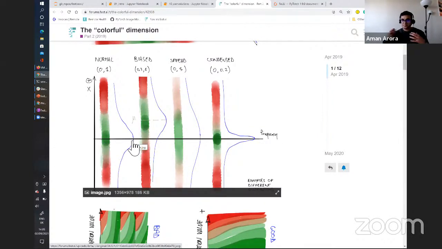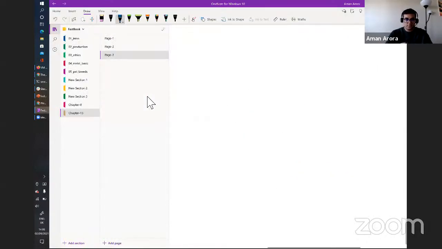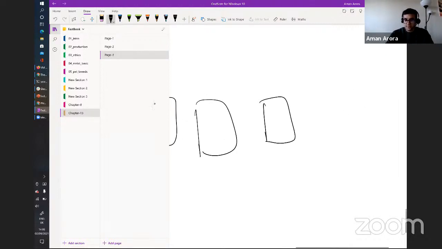So what you do with this colorful dimension plot is, say I had 4 layers, layer 1, 2, 3, and 4.